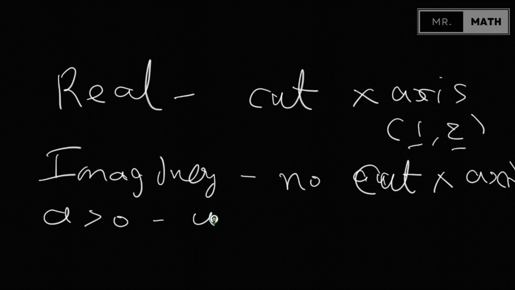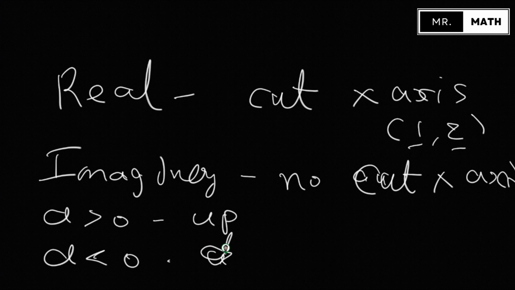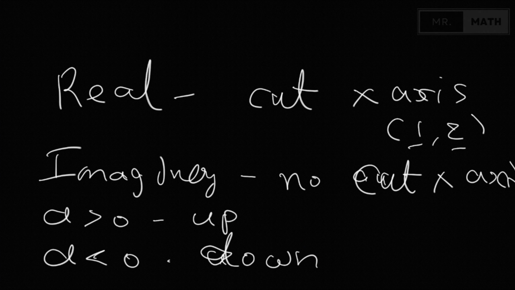If a is greater than 0, it is upward. If a is less than 0, downward. So just keep in mind these things. You would always be able to graph any parabola, any quadratic equation, right? If you keep this in mind, you will always be able to sketch the graph of any quadratic equation.